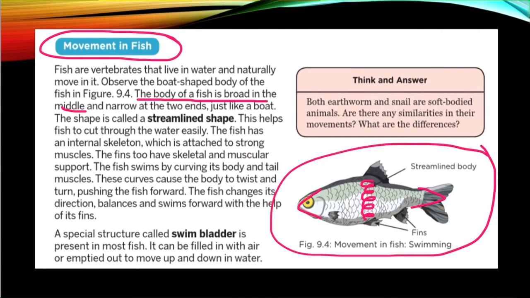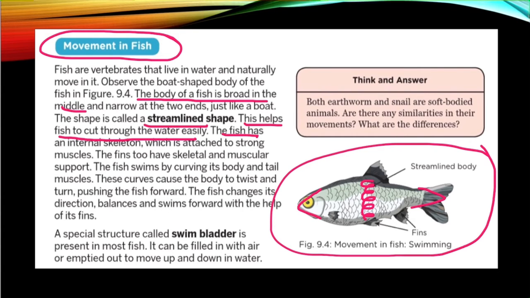So the shape of the body is broad in the middle, whereas narrow at the ends, just like a boat, and this shape we refer to as streamline shape. Now what is the special characteristic of the shape? This helps fish to cut through the water easily and move forward very easily.